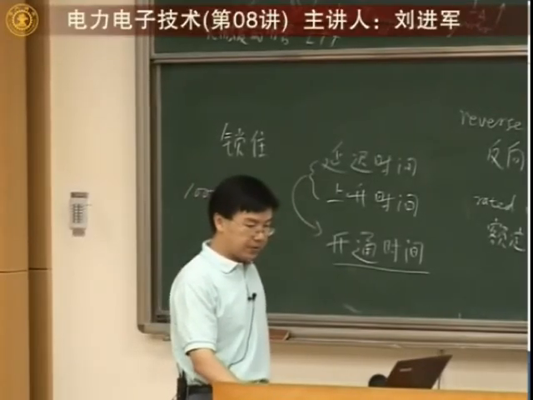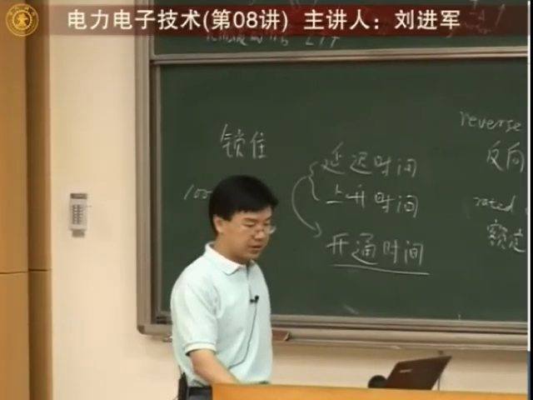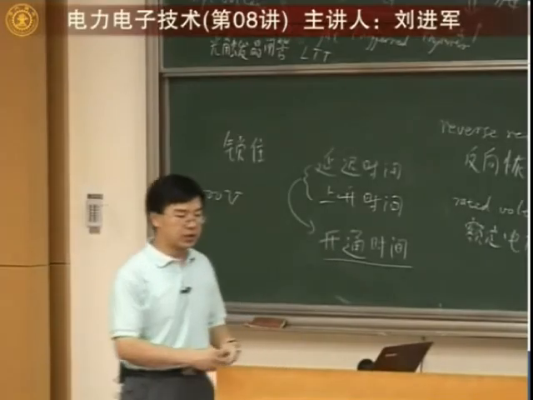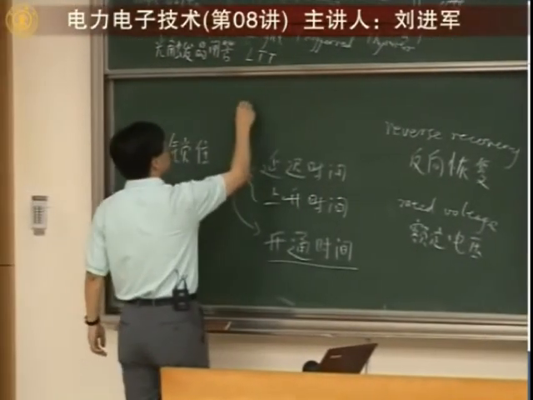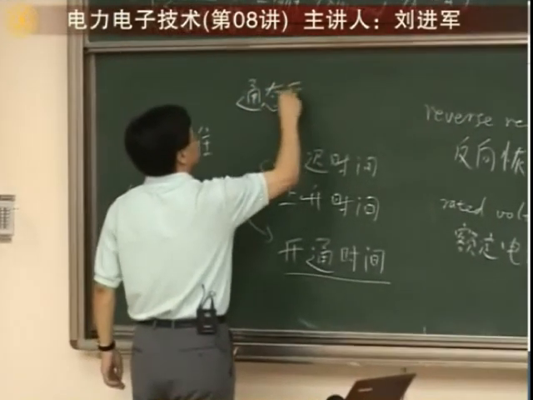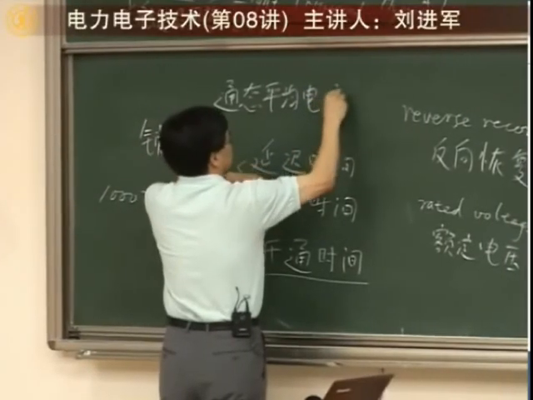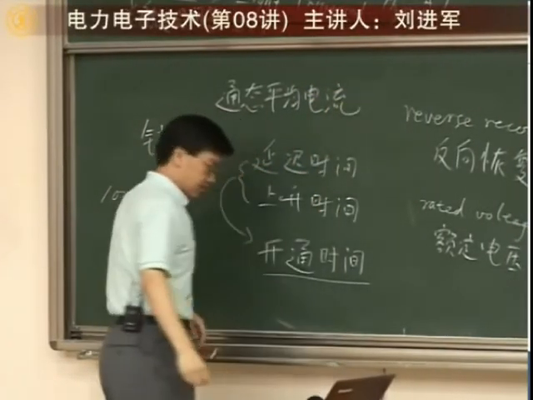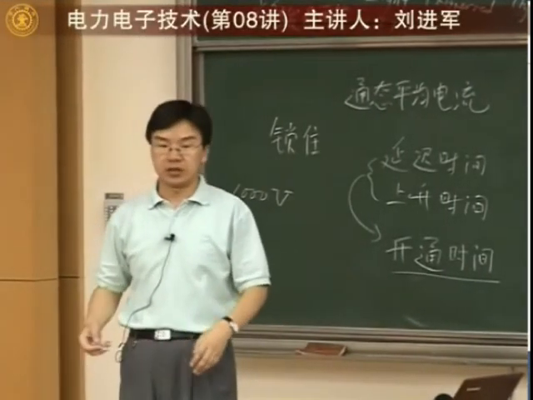Another example is about the rated current. Okay, this is also very important. Usually we use this one, average on-state current, as the rated current.